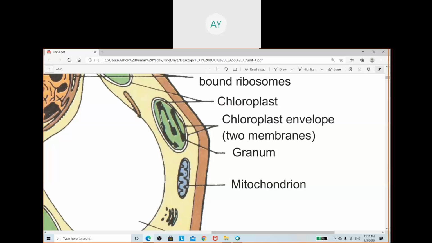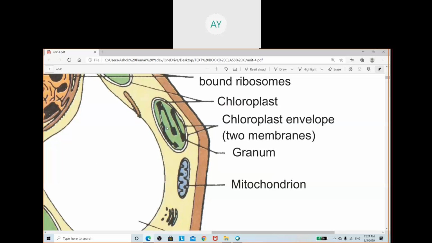There is a space inside that. So to this interlamellar membrane, CF0 CF1 particle is attached, on which oxysome, that is the site for ATP synthesis. So that is responsible for production of ATP in presence of sunlight and chlorophyll.